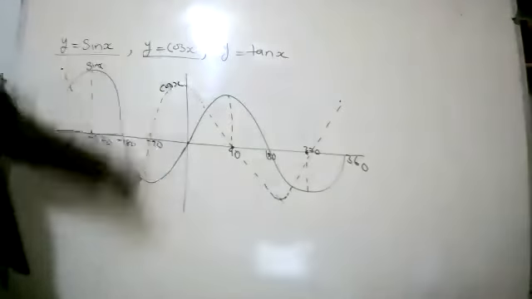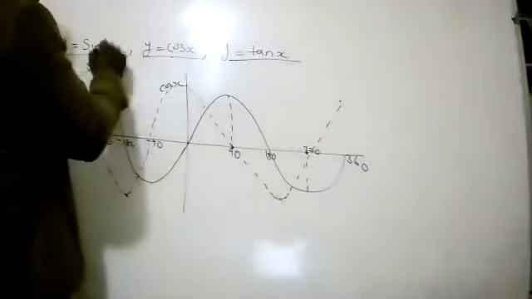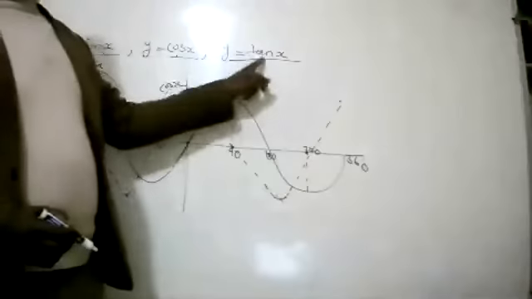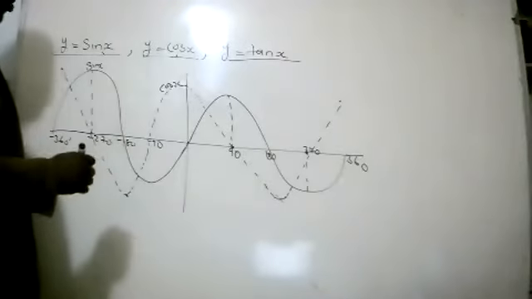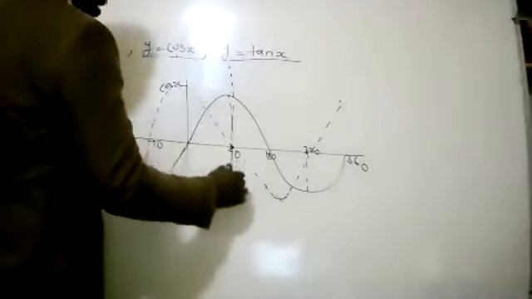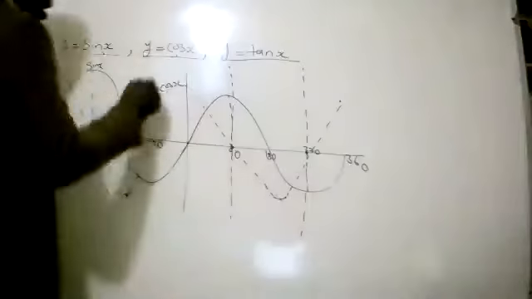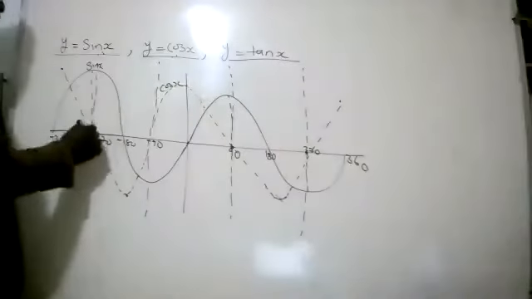And then the next is the last one. The behavior of the tan graph is different from how sine and cos behave, because this one has what are called asymptotes. So where do we have the asymptotes of the graph of tan? We have asymptotes at 90 degrees, 270 degrees, negative 90 degrees, and negative 270 degrees, like that.